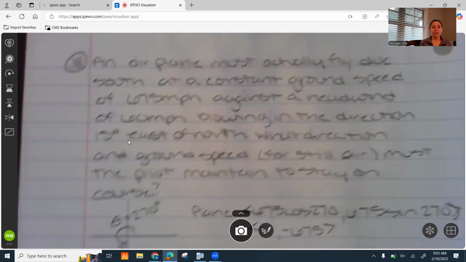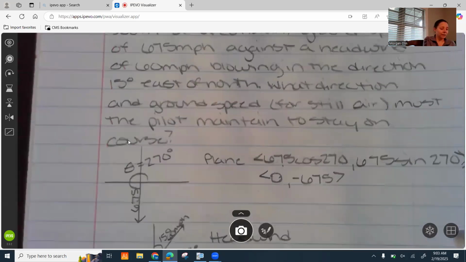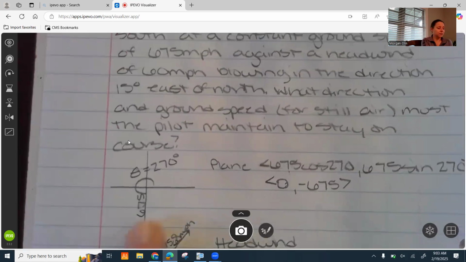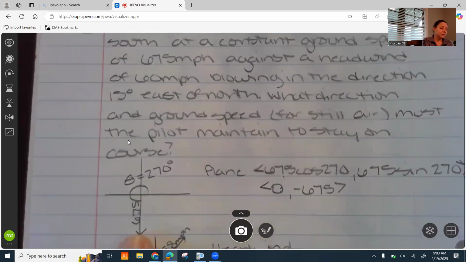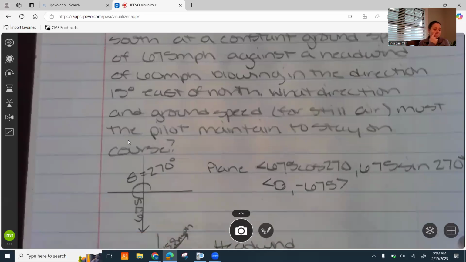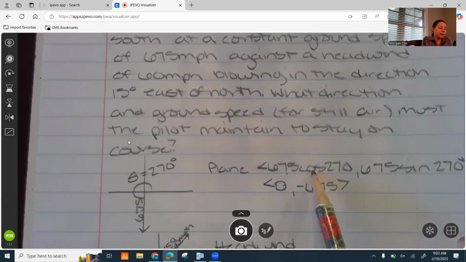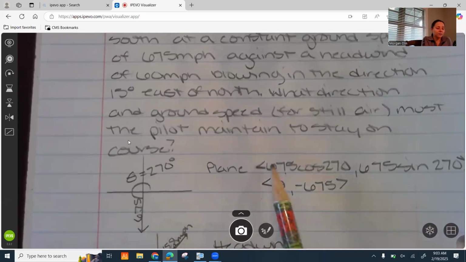Now, when it says due south, it literally is going south. And so theta is 270 degrees. And right here, 675 is miles per hour, so that's the length. If we think about this, cosine of 270 is 0, so when you multiply these, you get 0.